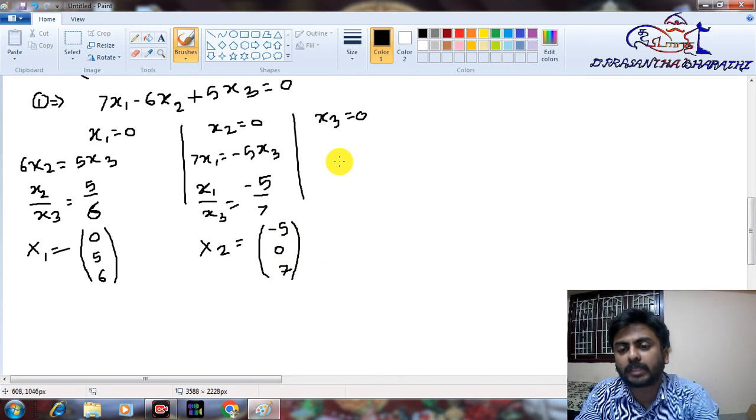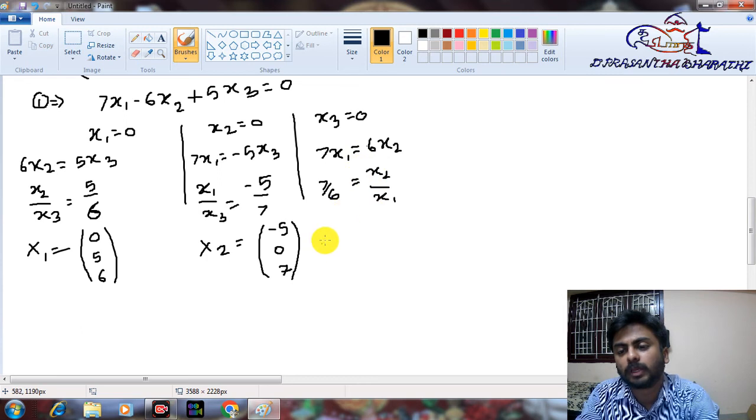To substitute x3 equal to 0, we get 7x1 equal to 6x2, so x1 by x2 equal to 6 by 7.